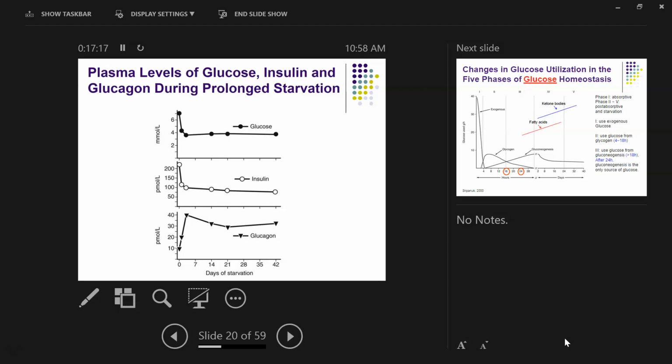So again, in parallel, glucose and insulin levels decrease, but glucagon levels increase. So try to remember the patterns of the glucose, insulin, and glucagon levels in the circulation during the post-absorptive phase, right? Lower glucose, lower insulin, and higher glucagon levels.